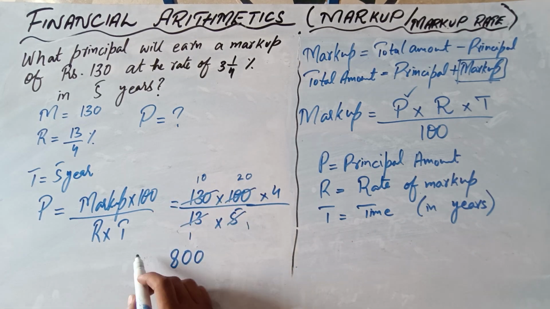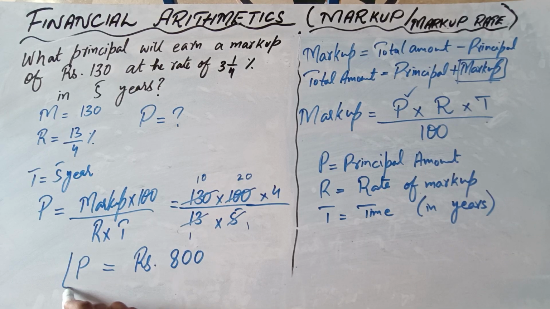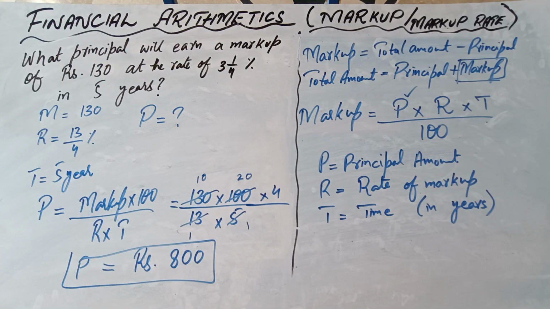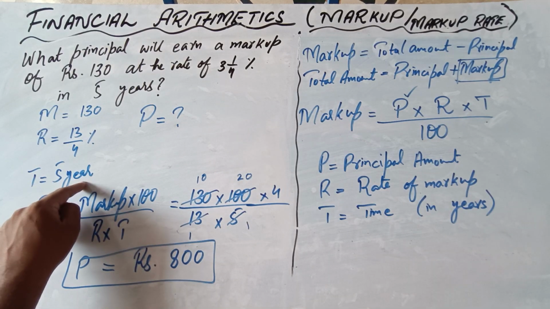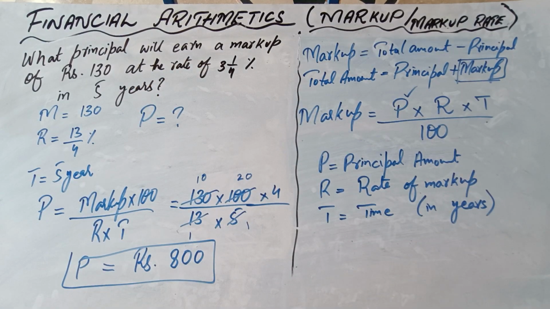It means rupees 800 would be the principal amount that would earn a markup of rupees 130 in 5-year time at this rate, 3 whole 1 by 4, 3 and 1 quarter.